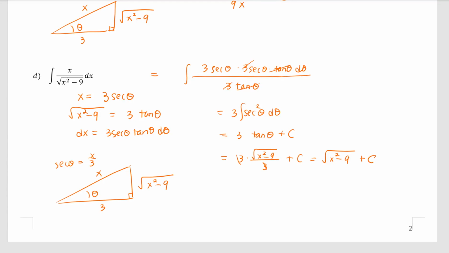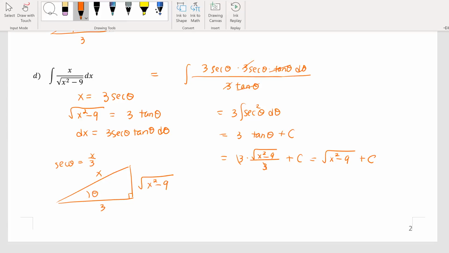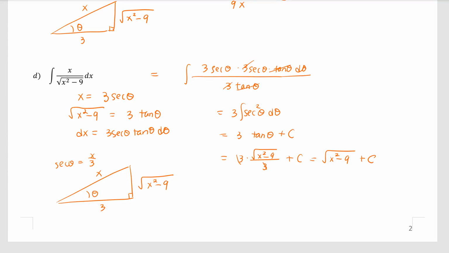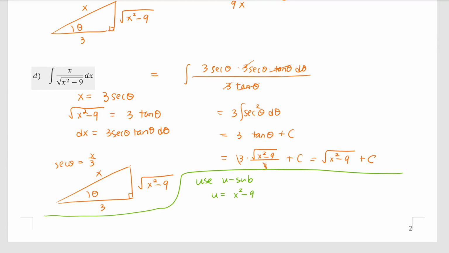Do you know something I realized? Besides trig substitution, we can also use u substitution. So in this example, we can also use u substitution. Do you realize, if we let u be x squared minus 9, du is 2x dx, then our integral becomes, x dx is 1/2 du.